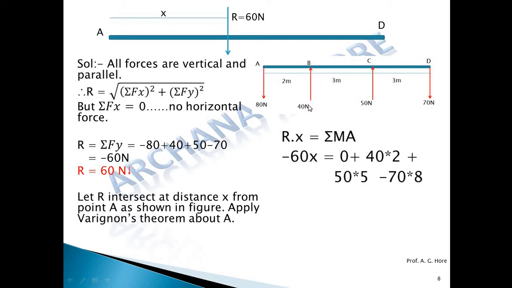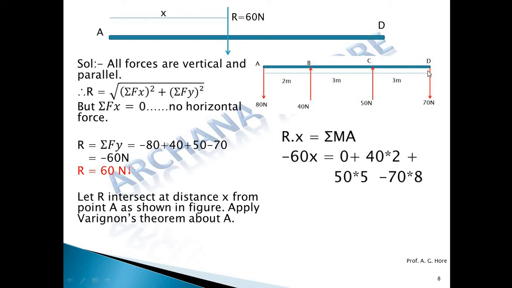Now the second force, at B point, 40 Newton. This force rotates like this, anti-clockwise, so plus 40 into perpendicular distance 2 meter. Then the next force at point C, 50 Newton, rotates anti-clockwise, so plus 50 into perpendicular distance from point A, 2 plus 3, that is 5.